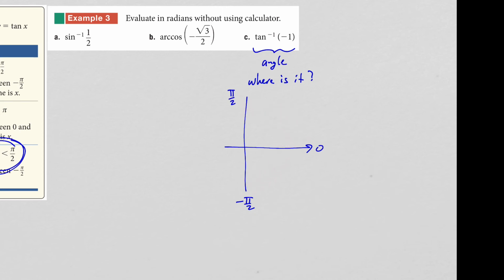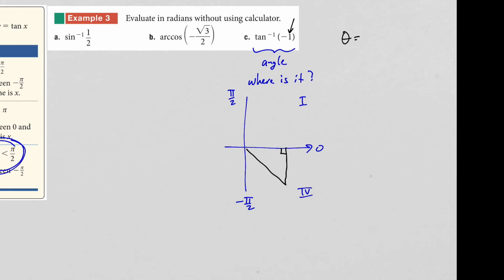So it either has to be in quadrant 1 or quadrant 4. Well, you have inverse tangent of negative 1. So we know that it has to be in the fourth quadrant because tangent in the first quadrant would have been positive. So the fact that this is a negative value tells us that we have to be in the fourth quadrant.